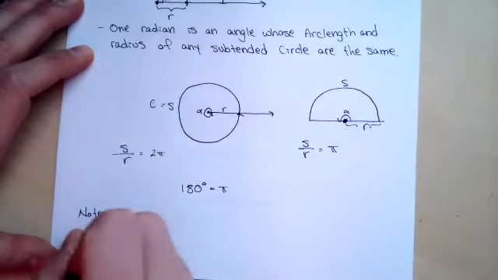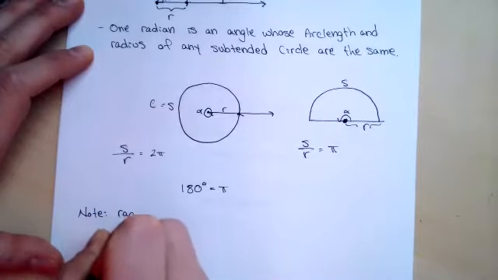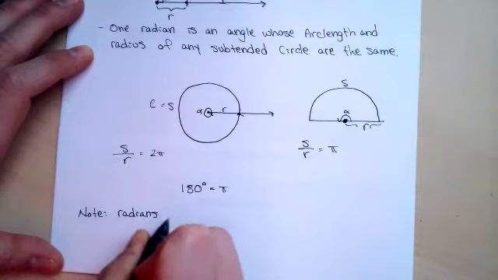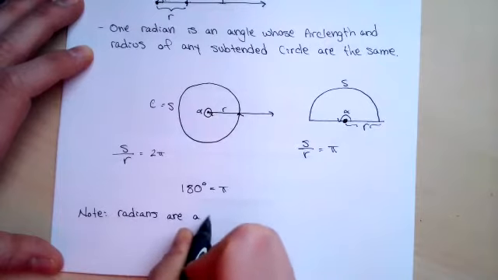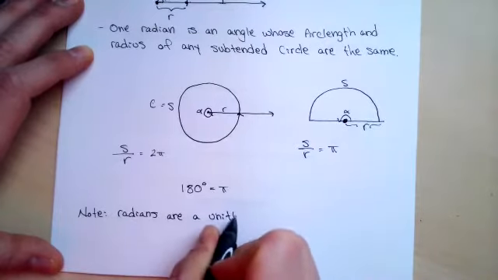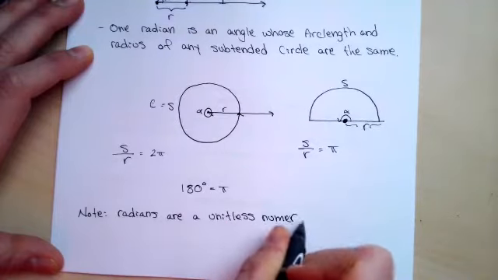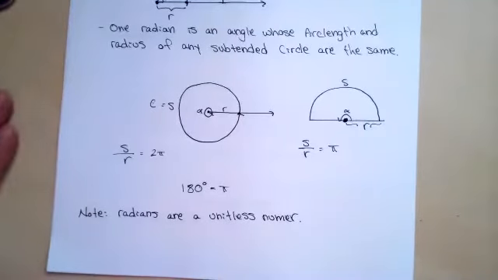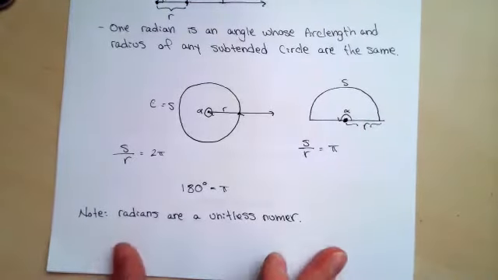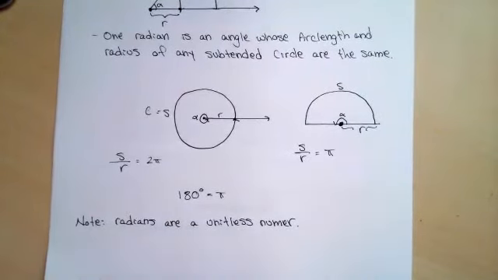One thing to note is that radians are a unitless number. I don't know if any of your high school or middle school teachers taught you this, that radians actually don't have a unit associated with them.